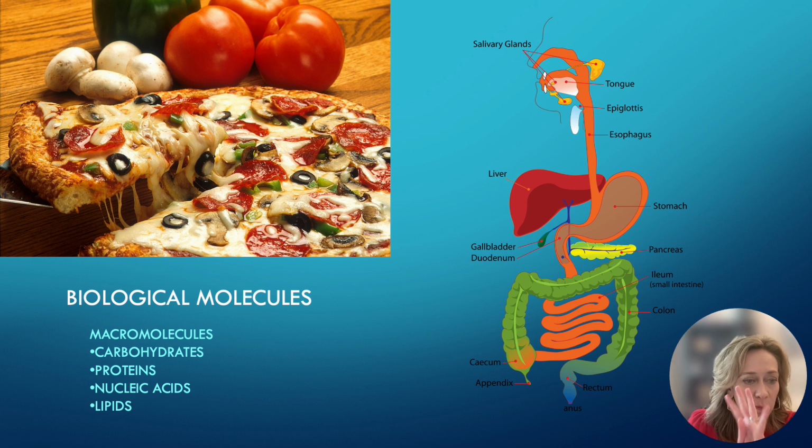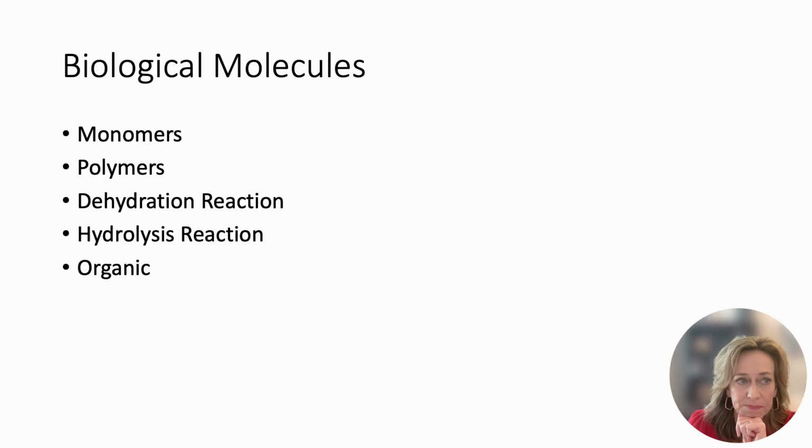I first want to say, we should definitely know the 4 classes, right? Carbohydrates, proteins, nucleic acids, and lipids or fats. Okay, so as I mentioned, when we think about biological molecules, we want to think about the fact that they have monomers or building blocks for each category or each type, and those can come together to form larger molecules or polymers.